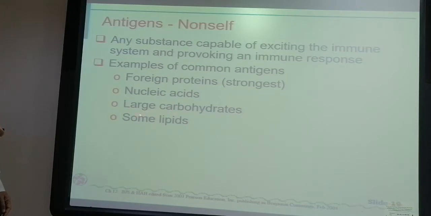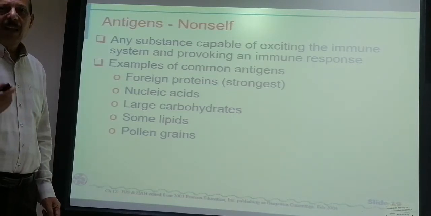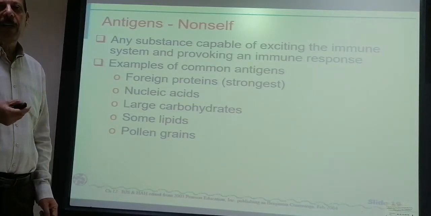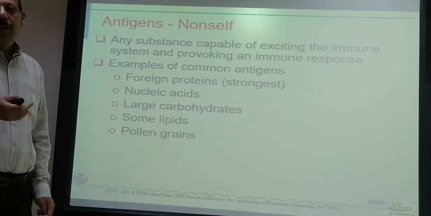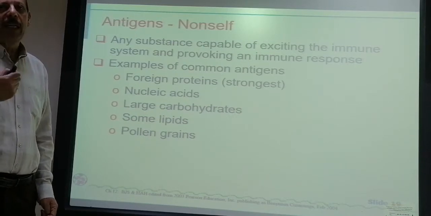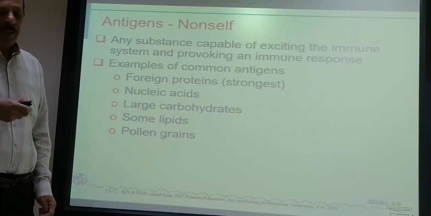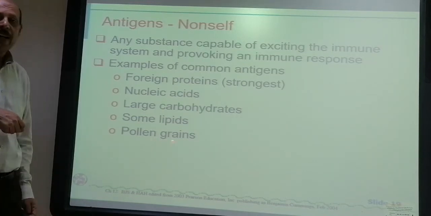Nucleic acid, large carbohydrates. So nucleic acid from other types of cells. Large carbohydrates also. Sometimes lipids also are considered foreign material. Bones and grains. Because of that, sometimes we will have allergy due to bones and grains during that period.